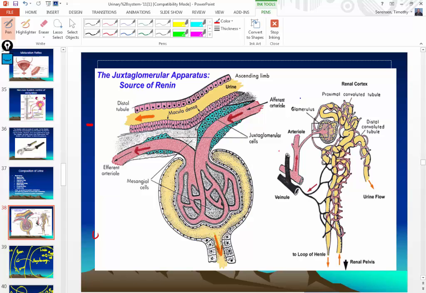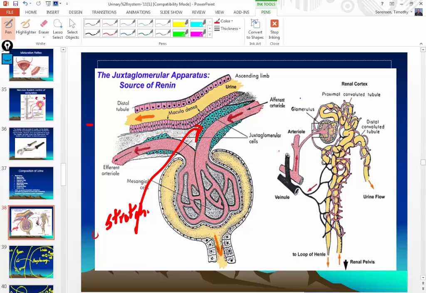Juxta means next to. Look, these cells are next to the glomerulus. Juxtaglomerular. And these juxtaglomerular cells respond to stretch. It says stretch. Looks like stretch. But it's stretch.